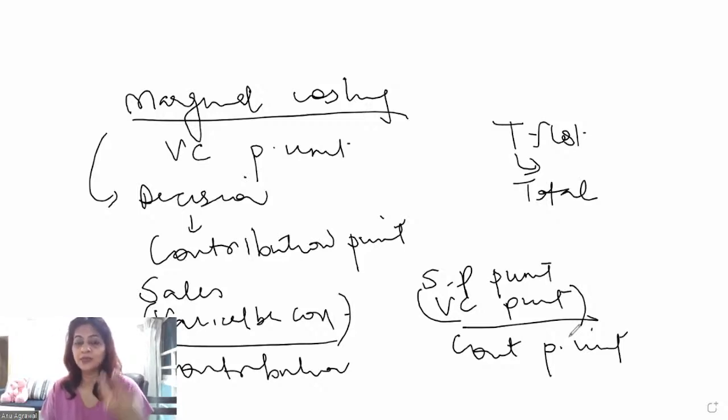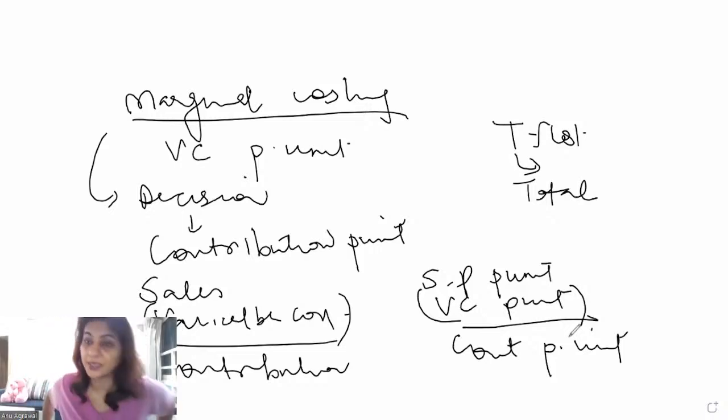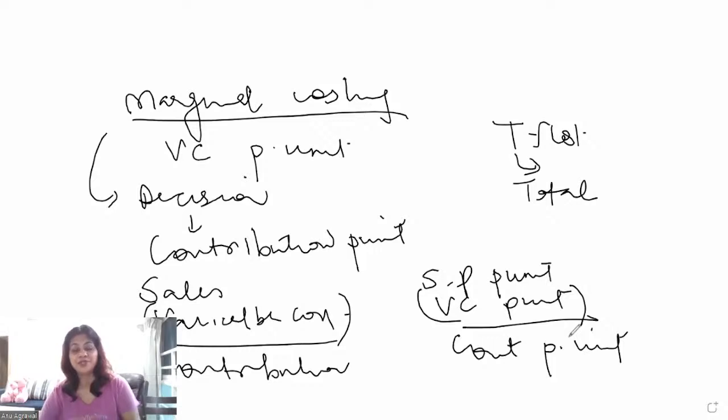So I need to find out the contribution, right? Once we know the contribution, then the amount of contribution that I get, which is sufficient enough to cover up all my fixed costs, I say, oh, that is a point, or that is the number of units at which I'm earning no profit because I am just able to recover all my costs.